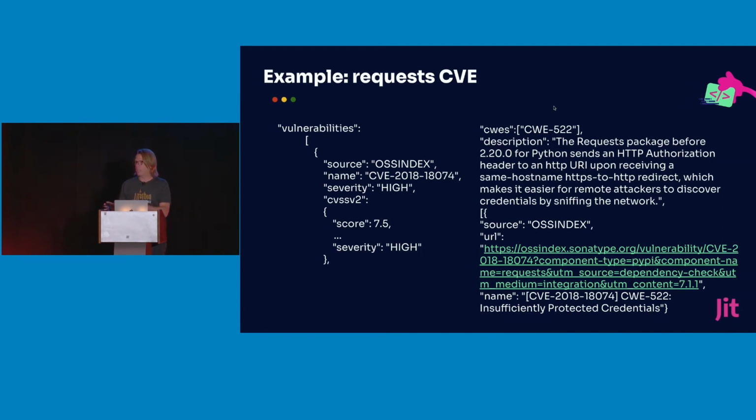And again, looking at our comfort on the output from OWASP dependency check, we can see very clearly the source, the CVE, the risk ranking, the score and the severity were all there, which we really liked. And you can also see a link directly to the OSS index. Again, not all tools do this, so it's an important step to validate that you're getting the data that you're looking for. So we like this output from the OWASP dependency check tool.